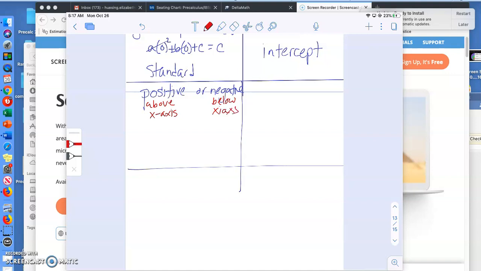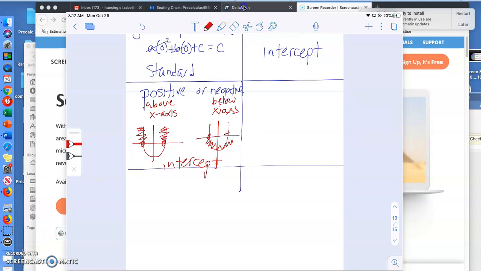So if you're talking about above or below the x-axis, let's say we have this one right here. It's positive right here. But if we had this again, it's negative when it's under there. So the easiest to find that is going to be intercept form.